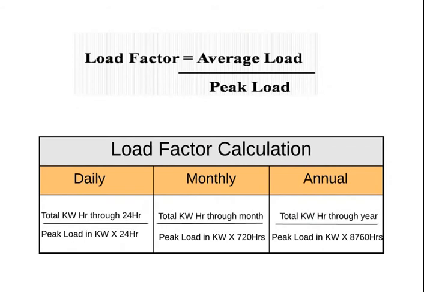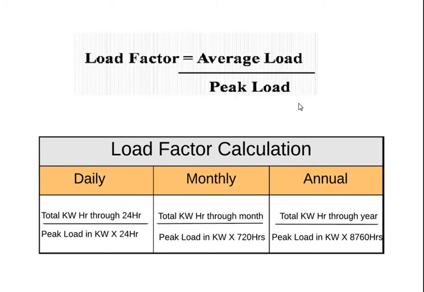Load factor is defined as the ratio of average load to the maximum demand for a given period of time. So, okay, load factor is generally calculated on daily basis, monthly basis, or yearly basis. As maximum demand is always more than the average load, therefore the load factor will always be less than 1.